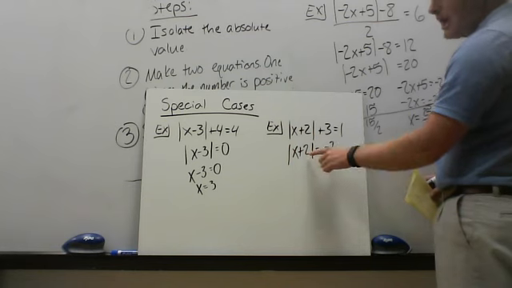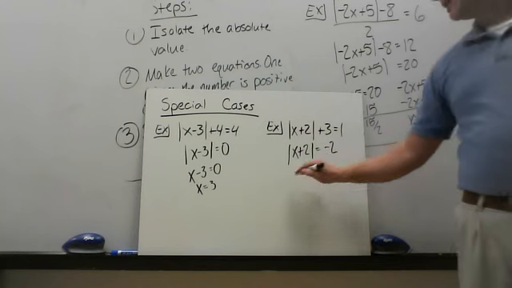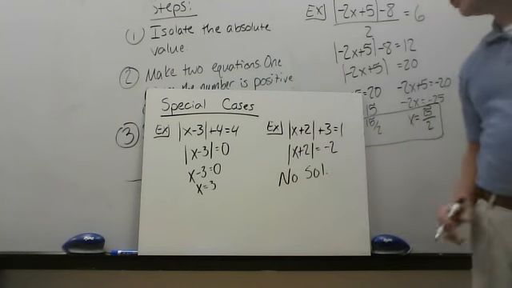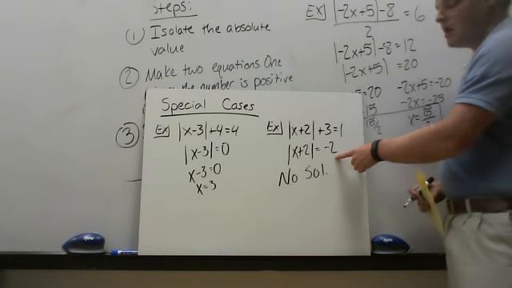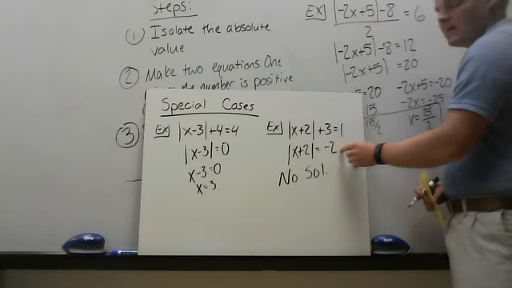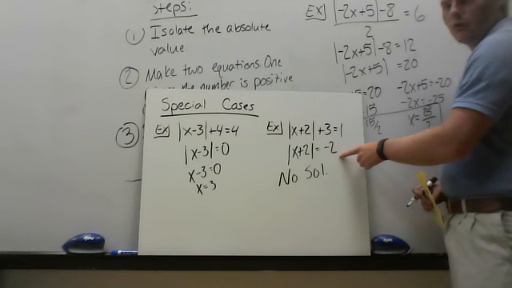So there is no way I can substitute in a number and make it into a negative. When this happens, it's going to be no solution. And that's one you have to be careful about. Most students are going to mess this up. They're going to actually put down x plus 2 equals negative 2, x plus 2 equals positive 2. So that's something you have to always be on the lookout for.